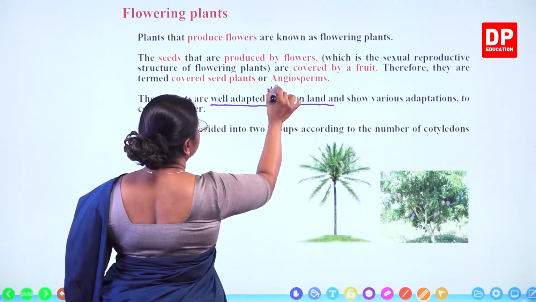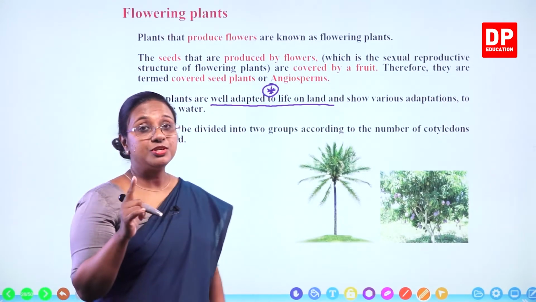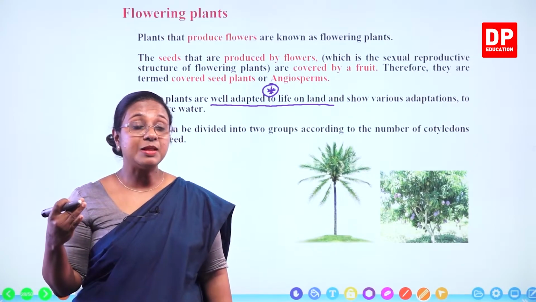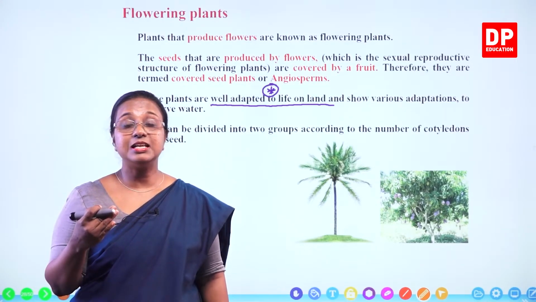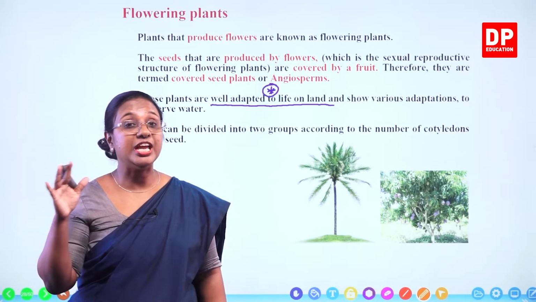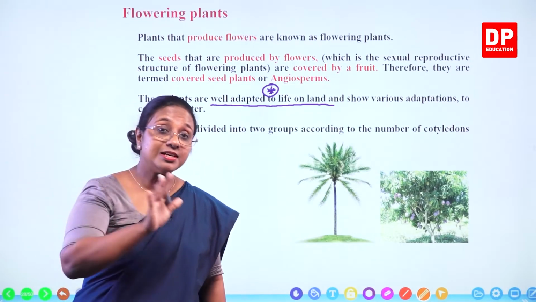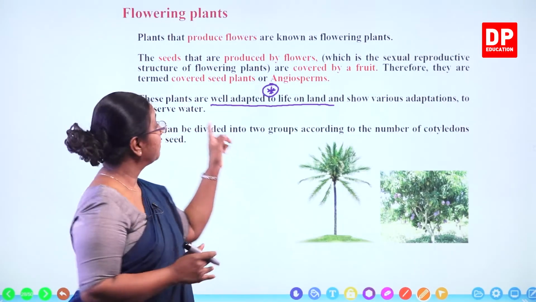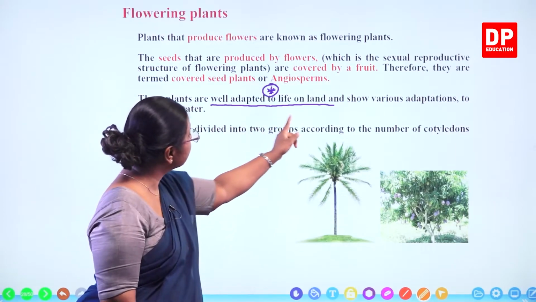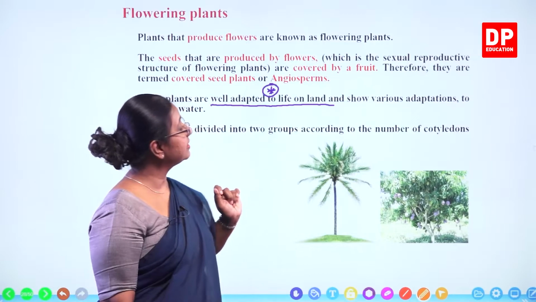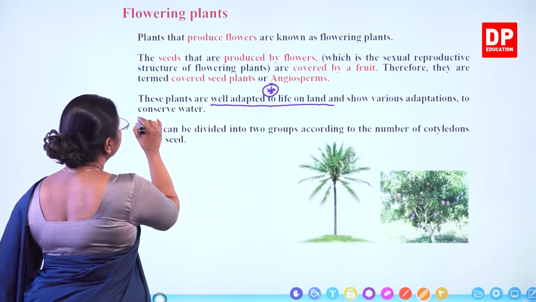Very important. Now, you can remember, students, I told you the first group, non-flowering seedless plants, they were in the terrestrial environment but with less sunlight and more moisture, shady environment. Whereas the gymnosperms, they moved to the terrestrial environment, but the angiosperms are well adapted to live on land and show various adaptations to conserve water.